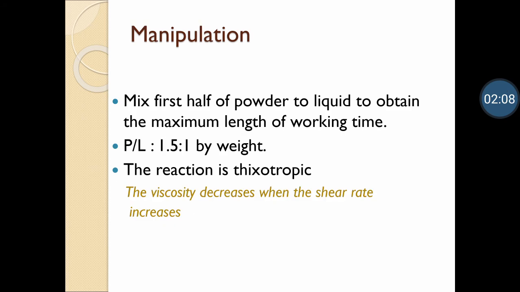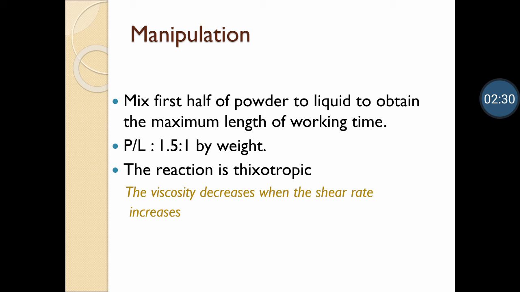Moving on to the manipulation, like zinc phosphate cement, zinc polycarboxylate cement is also dispensed onto a glass slab with a stiffer spatula. The powder and liquid are dispensed onto the glass slab according to the manufacturer's instructions in a ratio of 1.5:1 by weight.